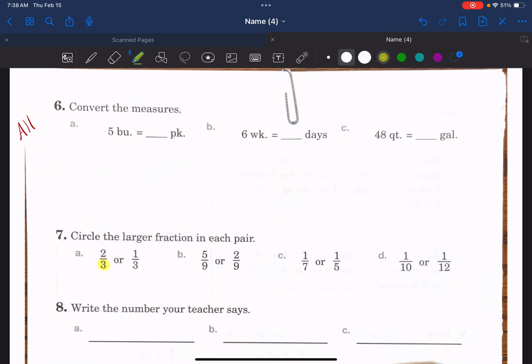Since this one's the same denominator, it means that the pizza is already cut into 3 slices. You can't change the slice sizes. There's already 3. So would you rather have 2 slices or just 1 slice? Hopefully for this one, you were thinking that you would like 2 slices.